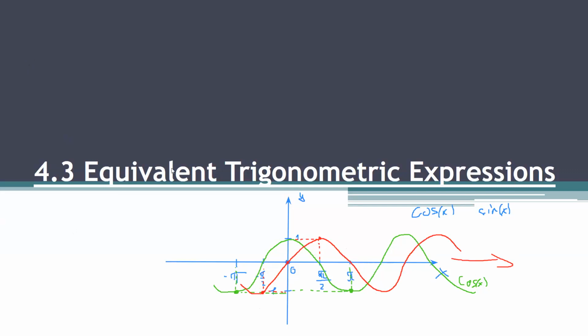If I take my graph for the sine function, which is the red one, and move it to the left by pi over 2 units, look, they coincide. They're the same. Is that clear? So we have an offset between sine and cosine function equal to pi over 2.